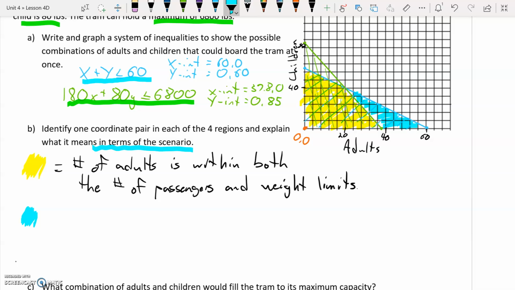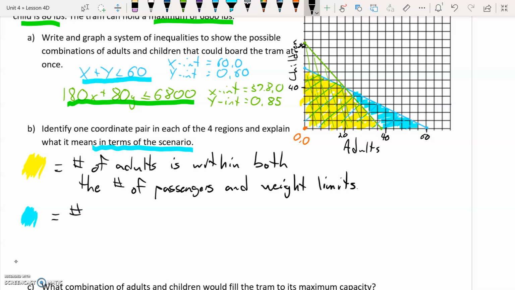That small region only makes the blue inequality true, the one pertaining to the number of people on the tram, but not the weight line. Because if you look at that region, it's above the green line, under the blue line. So that means it's within 60 people, but it's above 6,800 pounds.